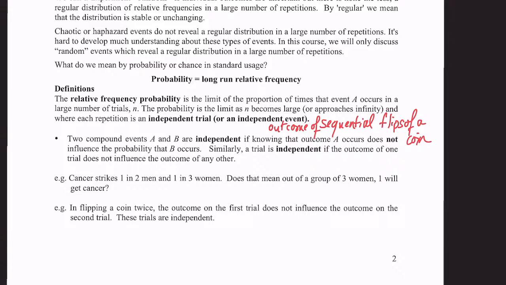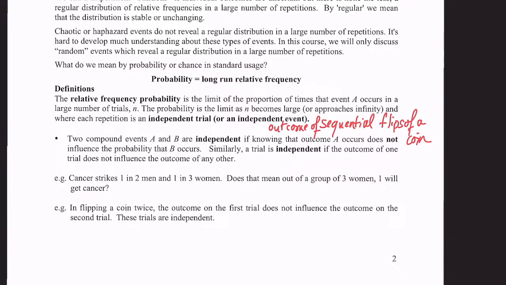Okay, so when people say, or you see advertisements about cancer striking 1 in 2 men and 1 in 3 women, that doesn't mean that out of a group of 3 women, 1 will get cancer, okay?